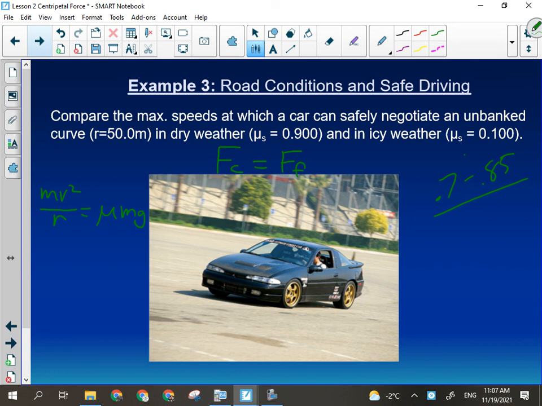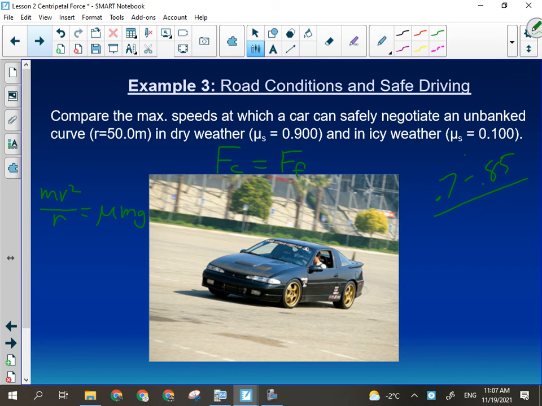So I have 1/9 the amount of friction available. How much slower will I have to go, remembering that it's a square root relationship? If I have 1/9, I'll have to go 3 times slower, 1/3. That's what it should come out to, but let's confirm.